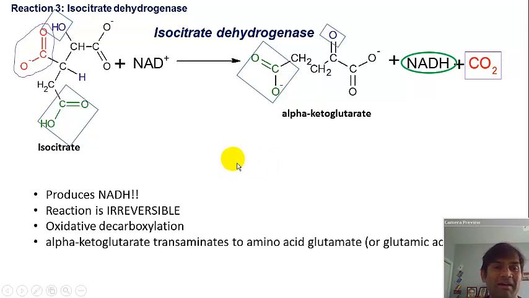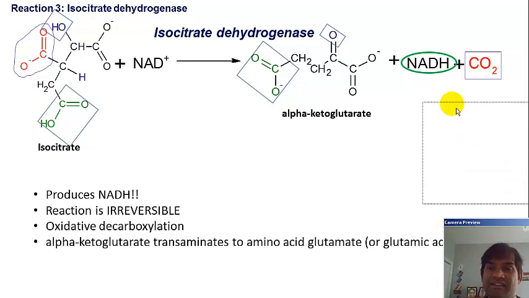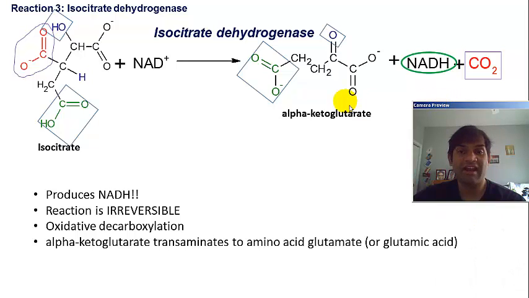Another important thing about alpha-ketoglutarate is that it can actually get transaminated to its corresponding amino acid. That corresponding amino acid is called glutamate, or glutamic acid if you fully protonate the molecule.